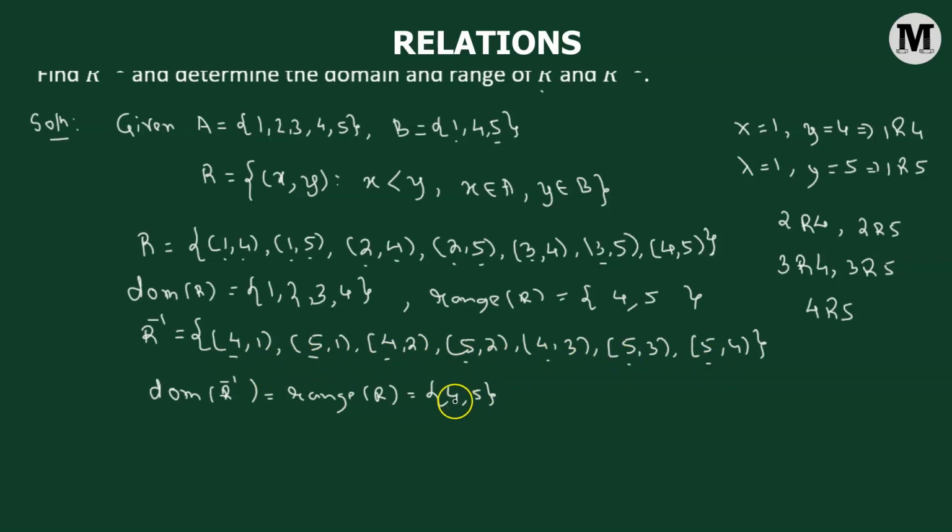So that's going to be 4 and 5. Then the range of the inverse relation R is simply equal to the domain of R. So that's going to be 1, 2, 3, and 4. All you have to do is pick the second element in each of the ordered pairs of R inverse. Fine.